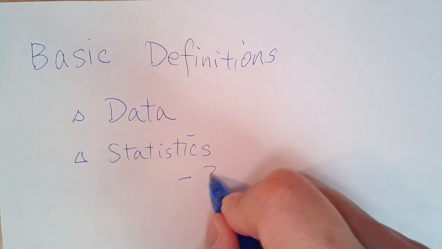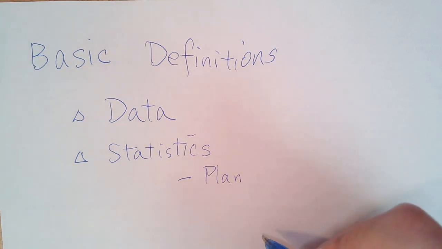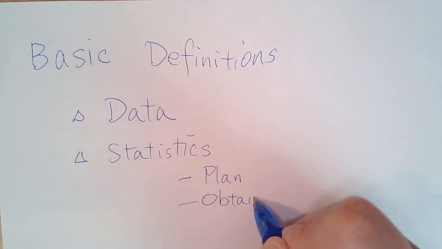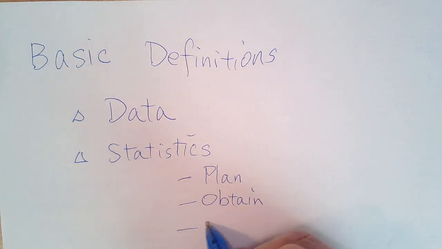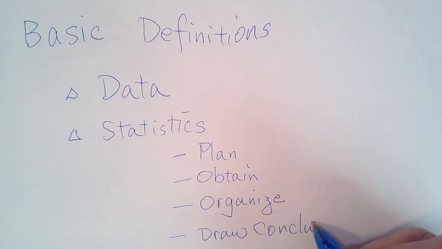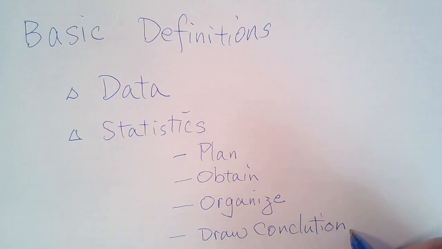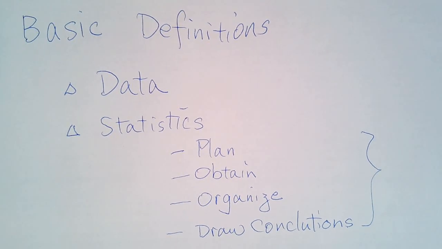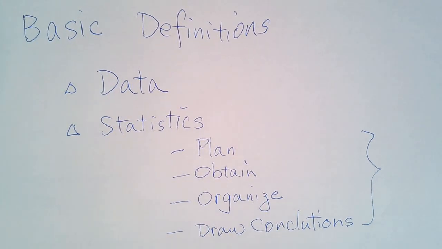So it includes planning, and you're going to obtain data, and then you organize data, and then at the end you're going to draw a conclusion. All right. So these 4 steps are all very important steps in statistics.